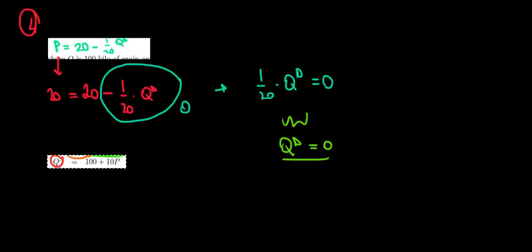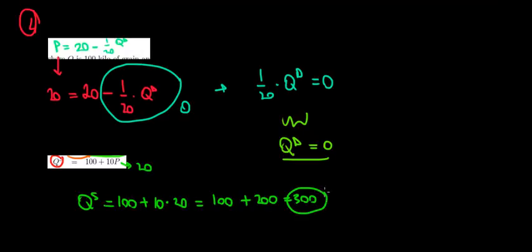The price is 20. The producers would like to supply how much? If the price is 20, the quantity supplied is equal to 100 plus 10 times 20. 100 plus 10 times 20 is equal to 100 plus 200, 300 units. That's going to be 300 units of grains at the price of 20, right?